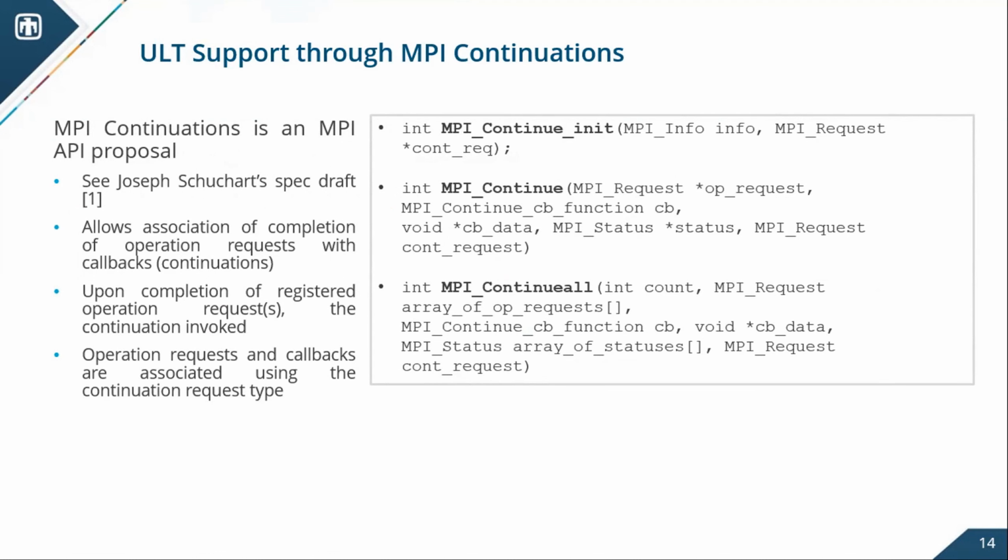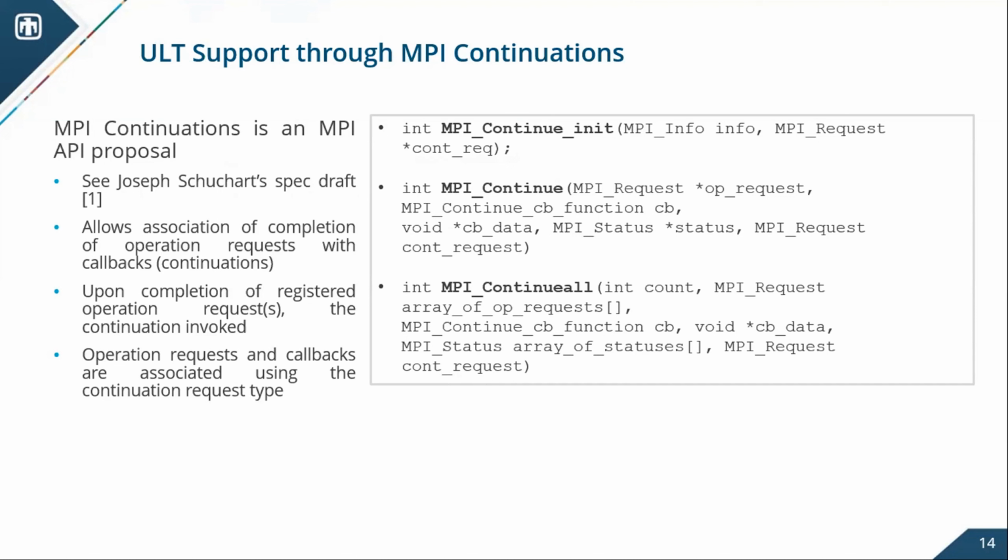It would allow to define callbacks on event completion. So even though I list here the API, the key takeaway is that with MPI continuations, I can register a callback function to any given request. Now, when the request is satisfied, the MPI implementation automatically invokes that callback.